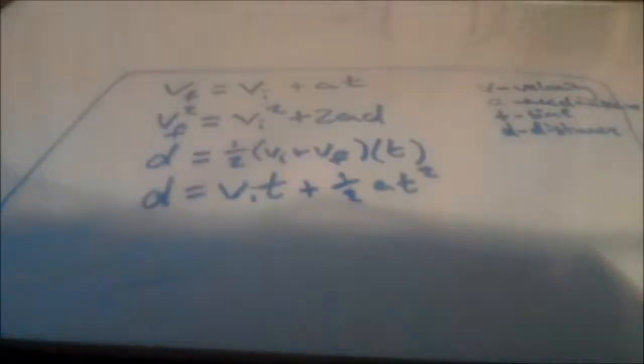Distance is also equal to the initial velocity times t plus 1/2 acceleration times t squared. These are the basic kinematic equations that you will use. Now let's do some problems with these equations. I hope that you're writing these equations down, because I am erasing them now.